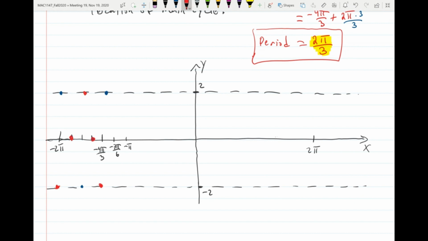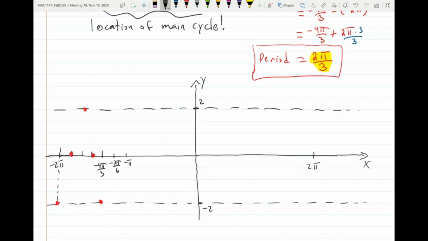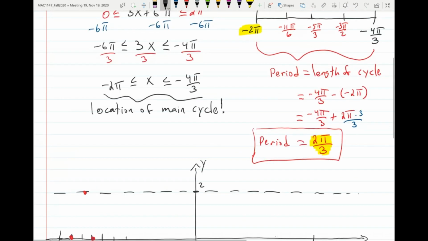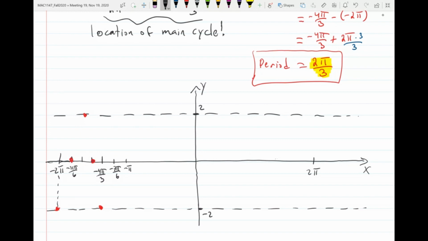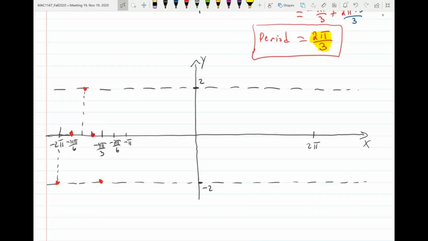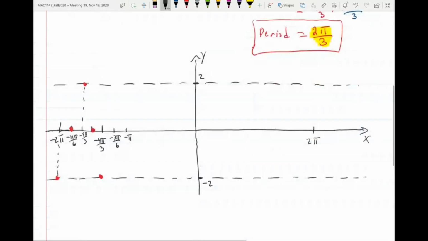Okay, so I'm going to go ahead and get rid of the old ones because we don't need those. So it's going to be negative 2 at negative 2 pi. Remember the values, which is negative 11 pi over 6. That's what we have here. Then it's going to be equal to 2 at negative 5 pi over 3, then it's going to be 0 again at negative 3 pi over 2.